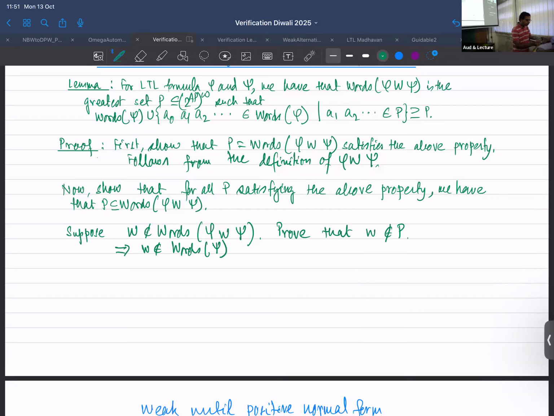Now, if w does not belong to words(phi weak until psi), what else can we say about this word w? Why is w not in words(psi)? Because words(psi) is a subset of words(phi weak until psi).